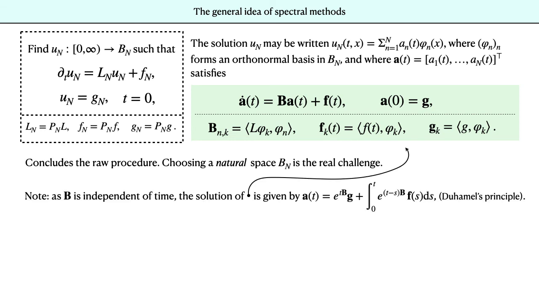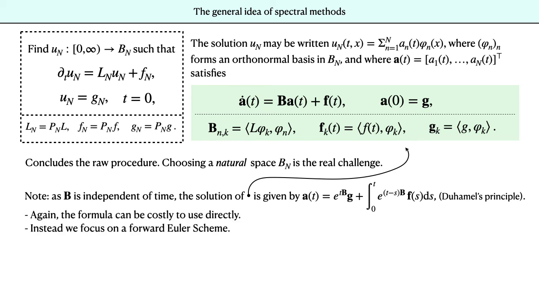It should be pointed out here that you actually can solve this equation typically using Duhamel's principle again, but I'm not going to focus too much on that. We are not going to use it right now.